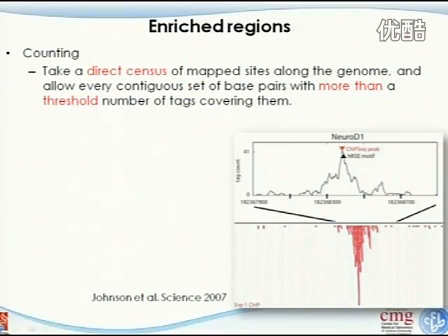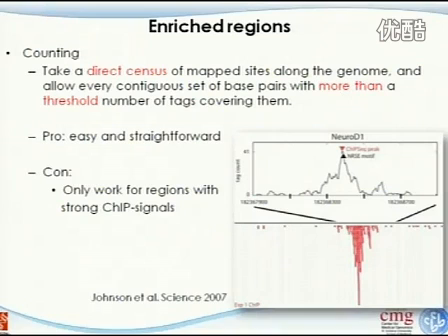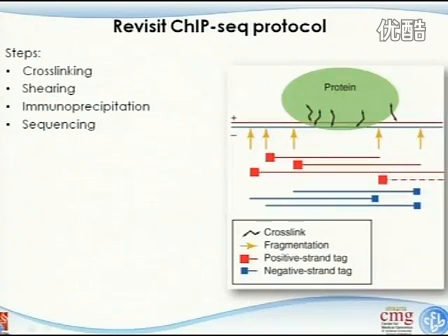This is the peak. All right, very straightforward. And the good thing of this is it's easy and straightforward. The bad thing is it only works for the regions with very, very strong ChIP-seq enrichment signals. And for anything weaker than that, you wouldn't see a very confident peak out of this.